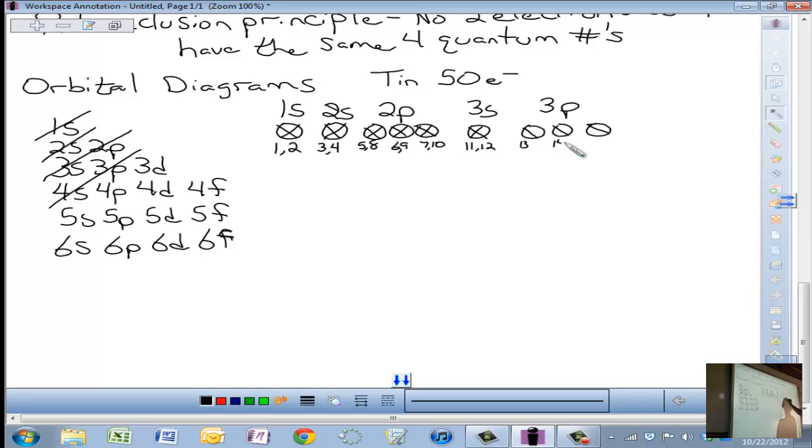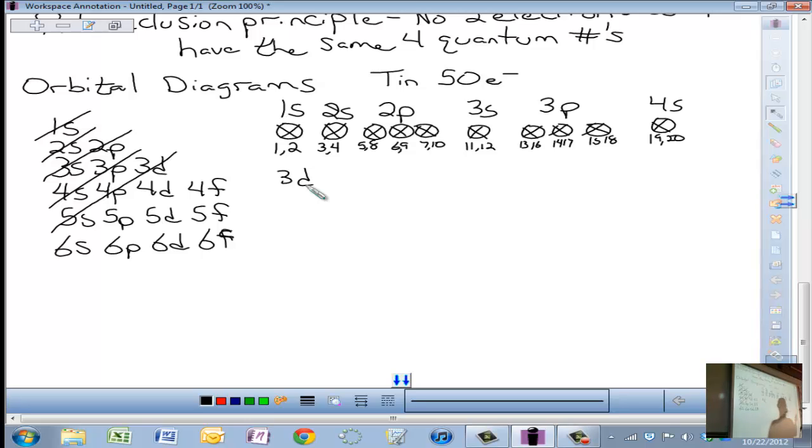Here's 16, 17, 18. After 3p comes 4s. There's numbers 19 and 20. After 4s comes 3d.